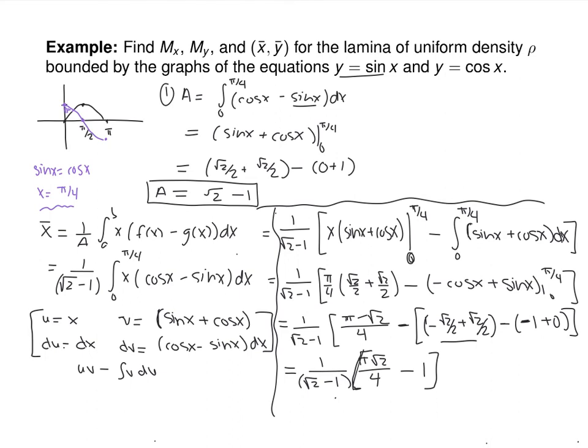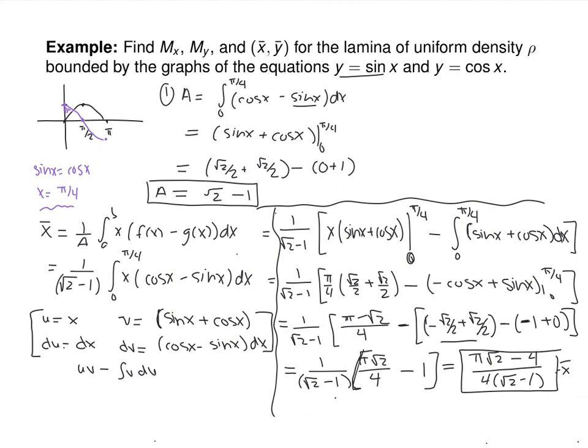If you feel like it, you can get a common denominator and write this as pi root 2 minus 4 over 4 times the quantity root 2 minus 1. Nobody promised that your centroid would be in a pretty spot, and this one's in a particularly ugly spot. So there's the x bar.